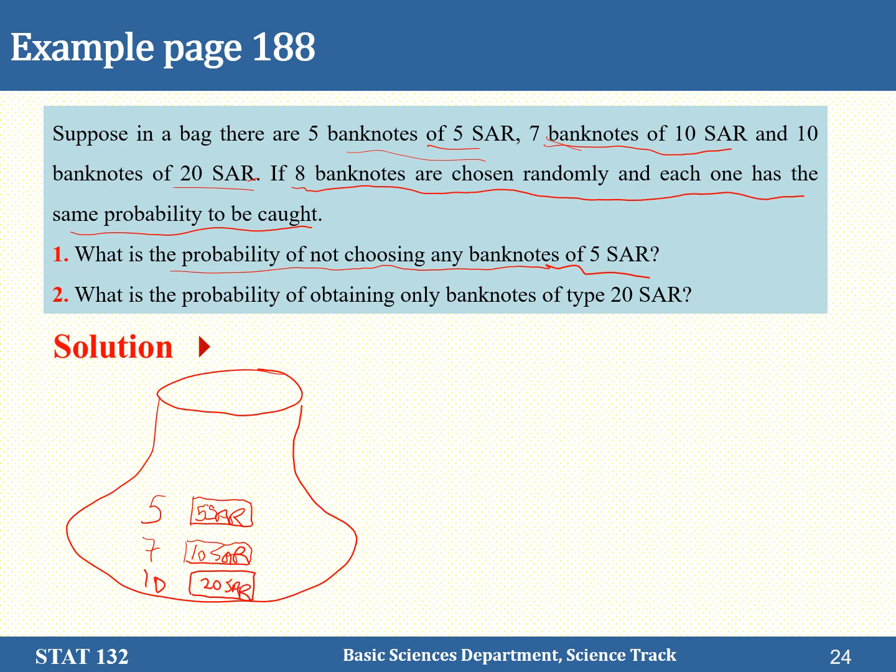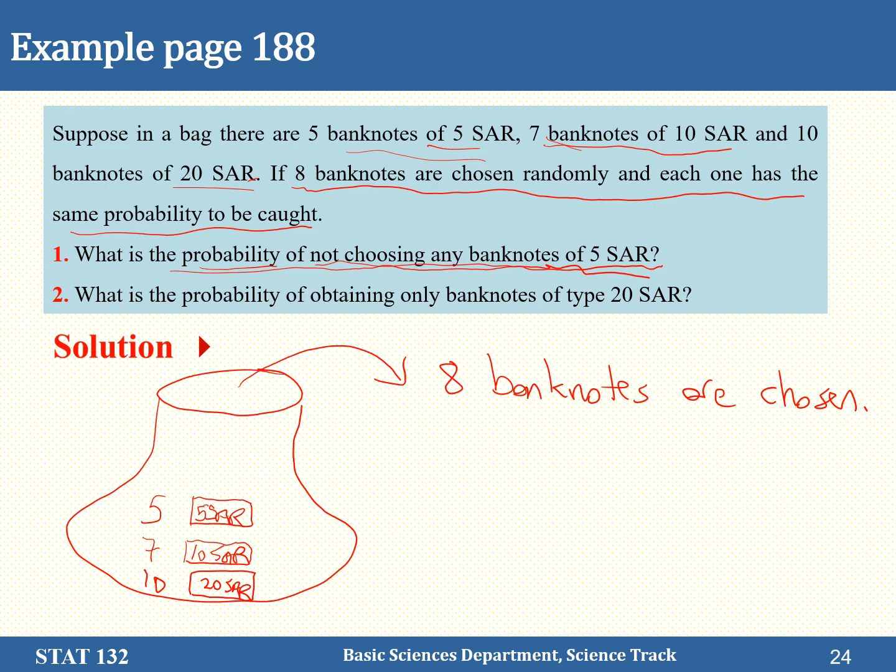Now, we choose 8 banknotes from here. Now, we want the probability of not choosing any banknotes of 5 real.